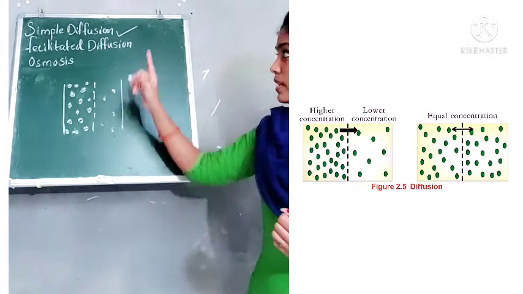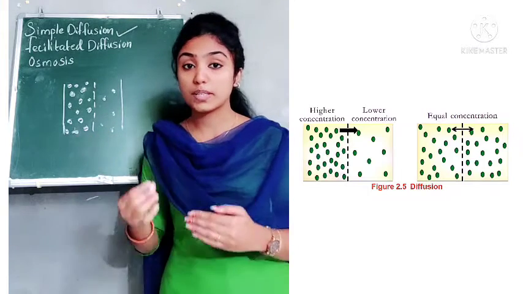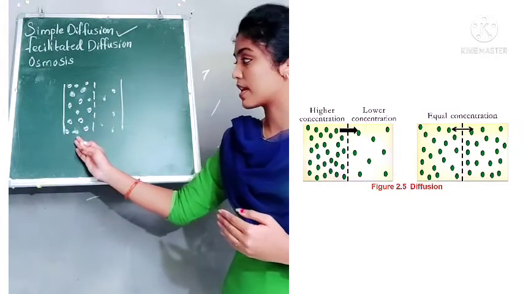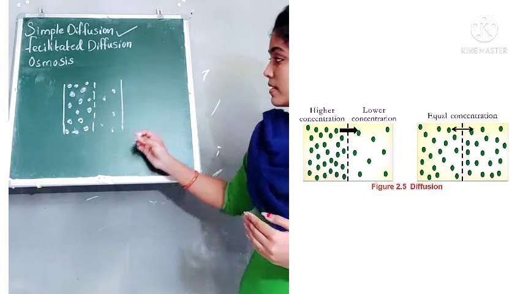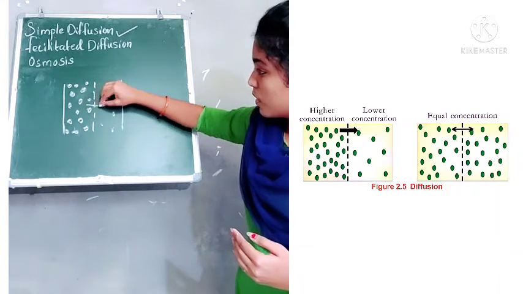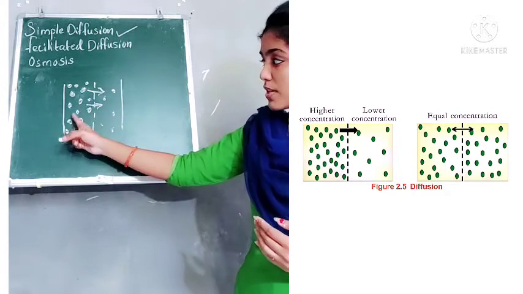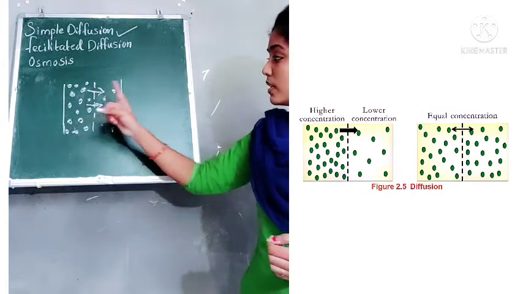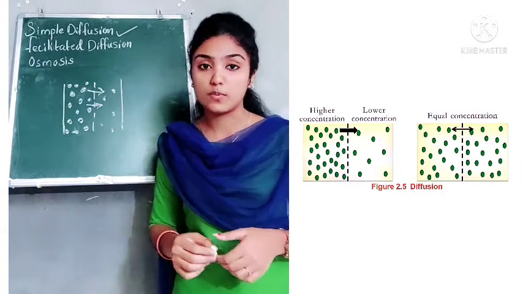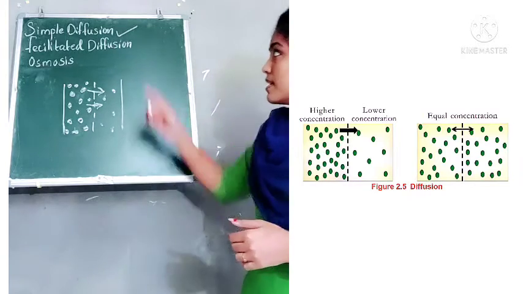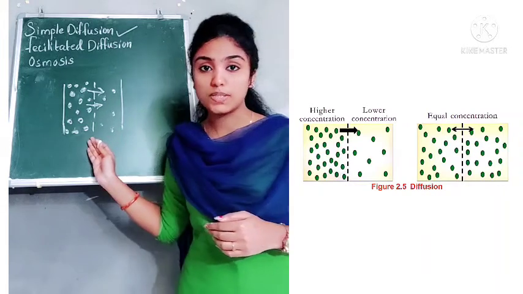In simple diffusion, the molecules move from the region of higher concentration to the region of lower concentration. This type of movement of molecules is termed simple diffusion.